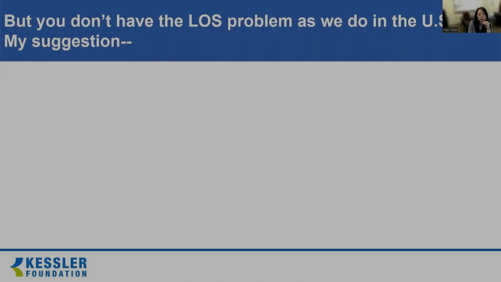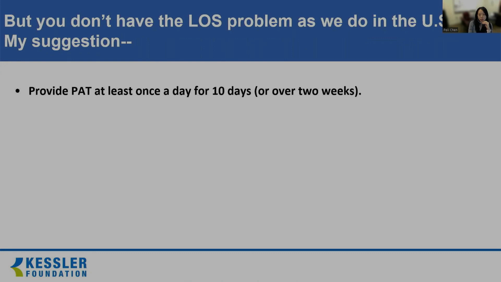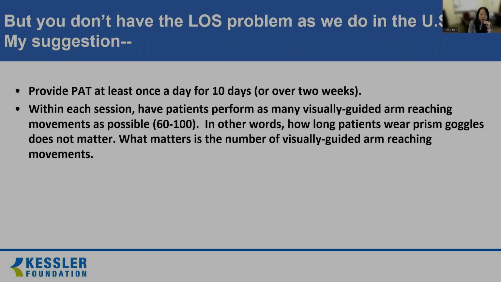Because you don't have the length-of-stay problem we have in the United States, my suggestion is you provide the treatment at least once a day for 10 days or over 2 weeks. Within each session, the time period that the patient wears the Prism goggles does not matter. What matters is the number of reaching movements.